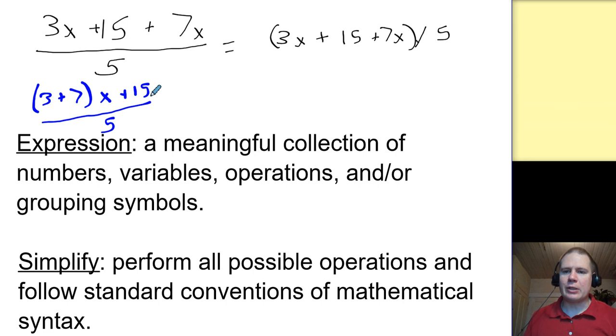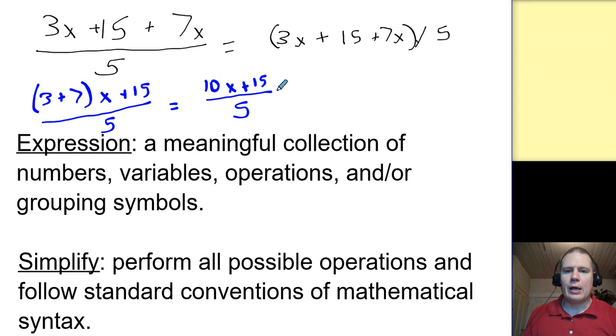3 plus 7 is 10. But I can't perform this other addition because this is 100 or 10 billion or 10 thirds. I don't know what x is, so I can't add.